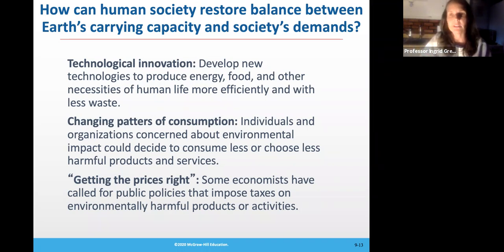The third part of this slide is getting the prices right. Some economists have called for public policies that impose taxes on environmentally harmful products or activities, right? And we see this all the time. The price of gas just went up, right? Because we want to encourage people to drive less, because the car emits emissions that hurt the environment.